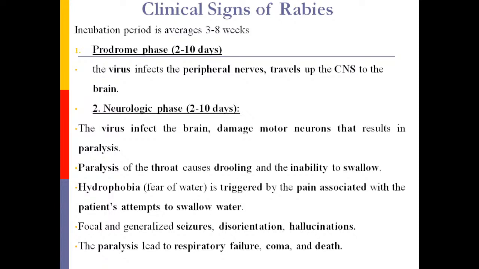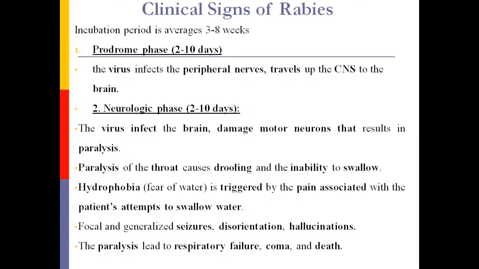And the second one is the neurological phase, which also takes from 2 up to 10 days. The virus infects the brain and damages motor neurons, which results in paralysis. When motor neurons are destroyed, it results in paralysis.